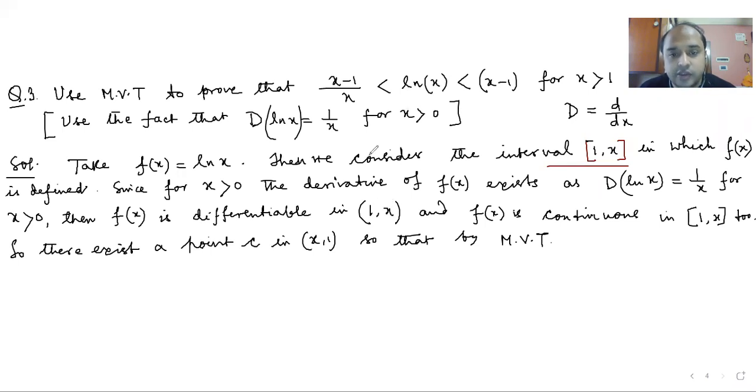Not x and 1, it should be 1 comma x. What shall I write? Just a minute. Let me think. It should be f(b) minus f(a). Oh, sorry, my mistake. The previous one was right. x comma 1. Sorry.